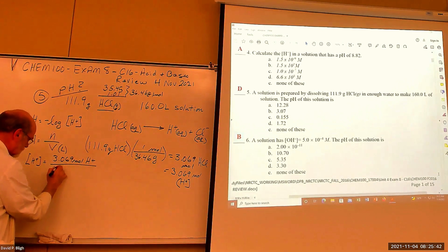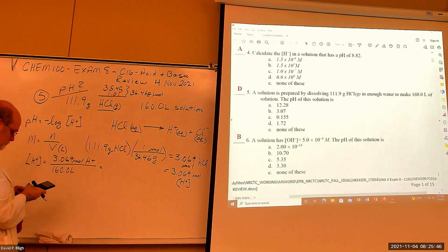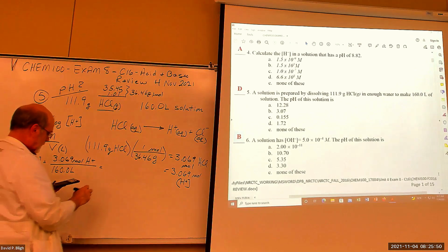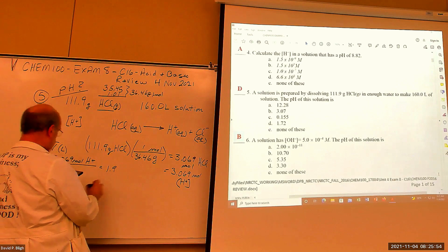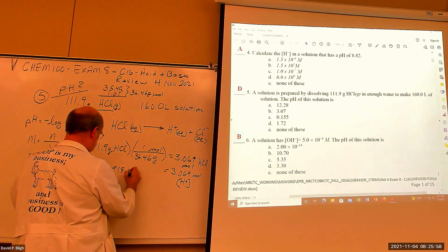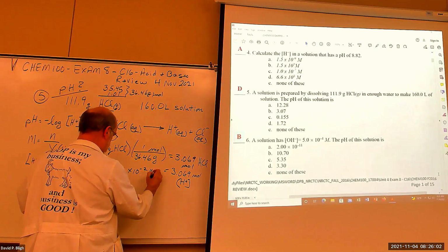So that's 160.0 liters. I get 1.9, let's see, 4 significant figures. 1.918 times 10 to the minus 2 molar.